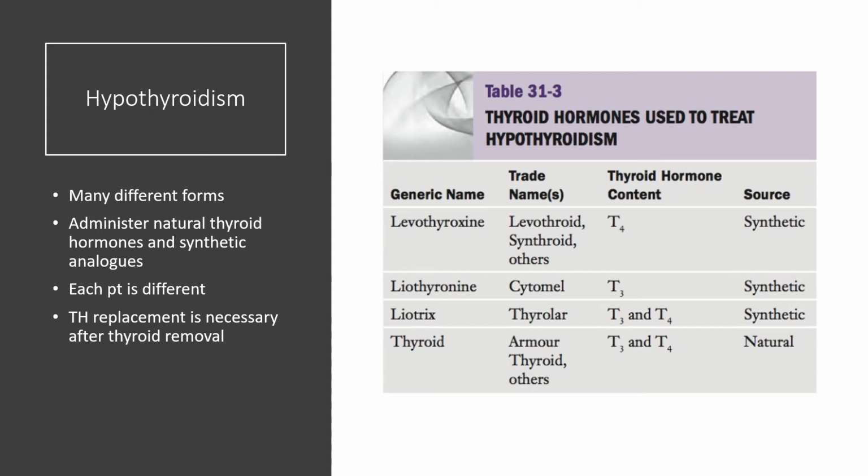Comes in many different forms, many different levels of hypothyroidism, and there are many different thyroid hormones that are used to treat it. Sometimes it's just T4 given, sometimes it's a combination of T3, T4. There's synthetic, there's natural blends. Again, I don't need you to know the names of these particular drugs.